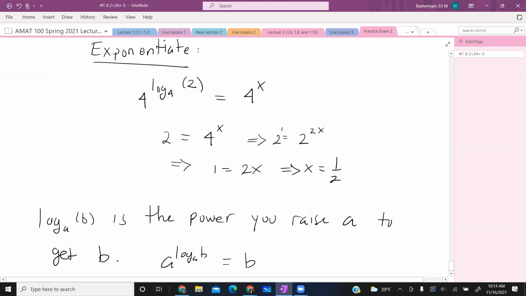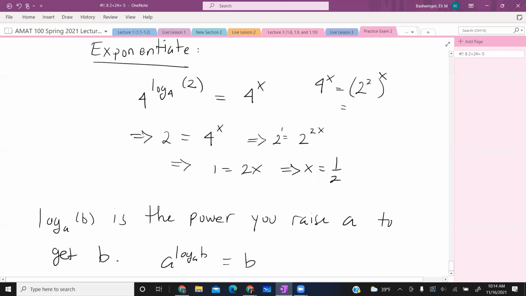Well, 4 and log base 4 cancel, so you get 2 is equal to 4 to the x. But 4 is the same thing as 2 squared. Maybe I should write that out. So 4 to the x is equal to, I kind of did that fast, 2 to the 2 to the x.